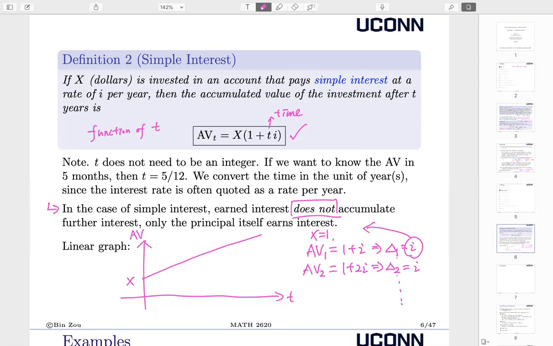That's the meaning of interest rate, right? Interest rate gives you a percentage for a unit investment. So here I already set X to be 1. So the investment is 1 unit. For any 1 year, the interest is I. And this is exactly reflected in simple interest. That's why the only thing that will earn interest is the principal.